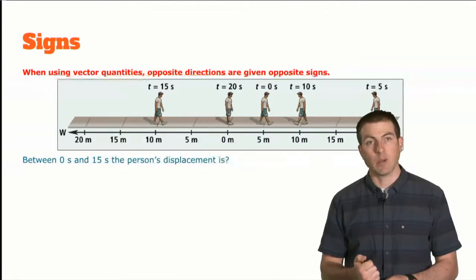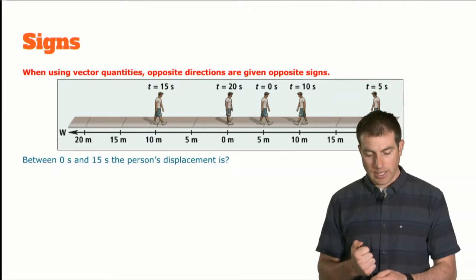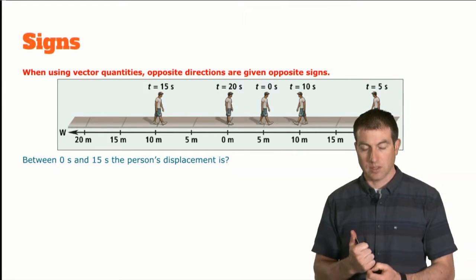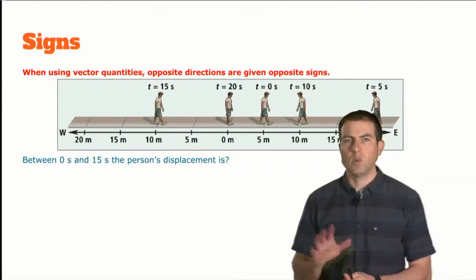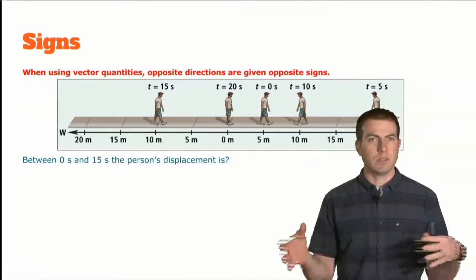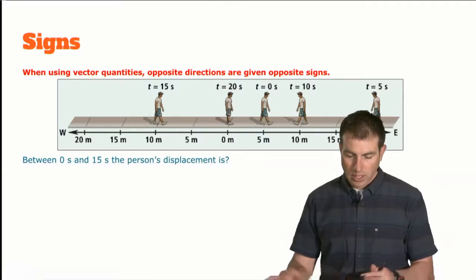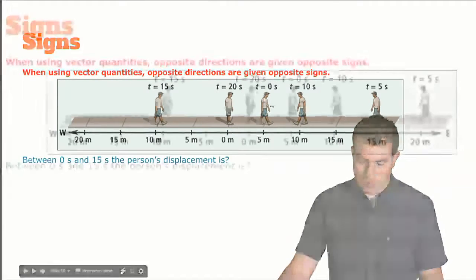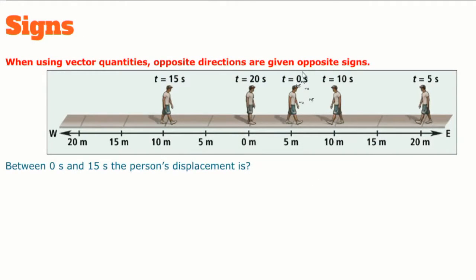So just an example quickly of that: between 0 seconds and 15 seconds, the person's displacement. It's kind of a weird picture where this guy is walking, but he's not walking at the same speed. He's kind of speeding up and slowing down. So you need to pay attention to the time stamps at the top here. You have 0 seconds, and then I look for the next one. So 5 seconds, he's over here.